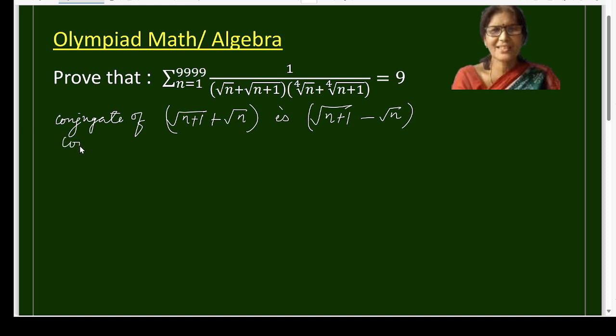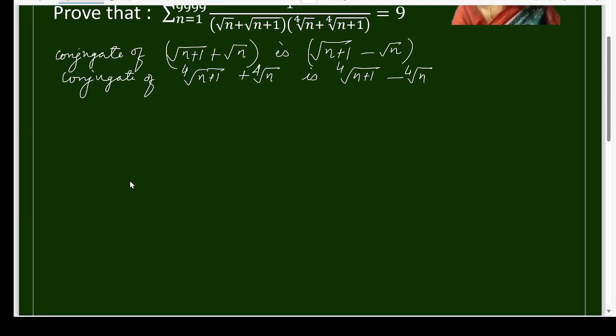Similarly, the conjugate of fourth root of n plus 1 plus fourth root of n is fourth root of n plus 1 minus fourth root of n. So I'll multiply both in the numerator and denominator, and I'm writing the nth term.